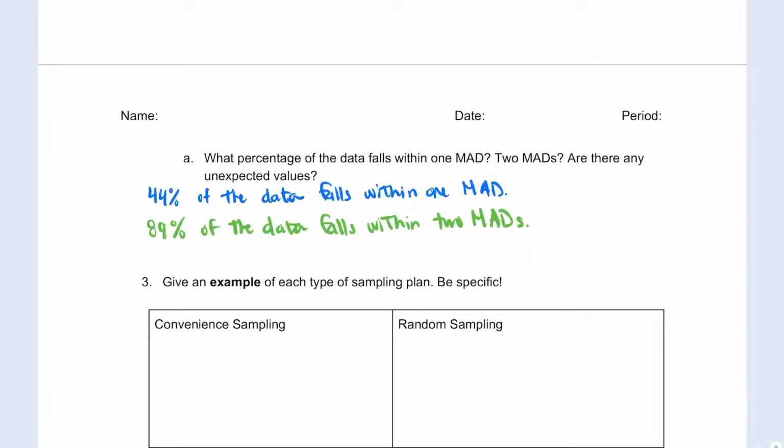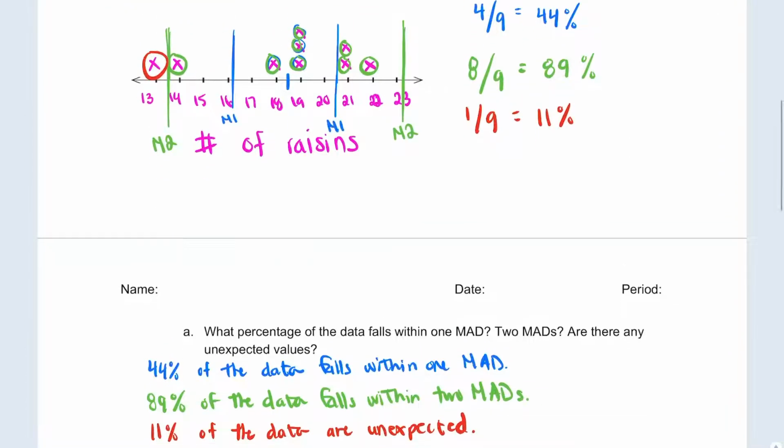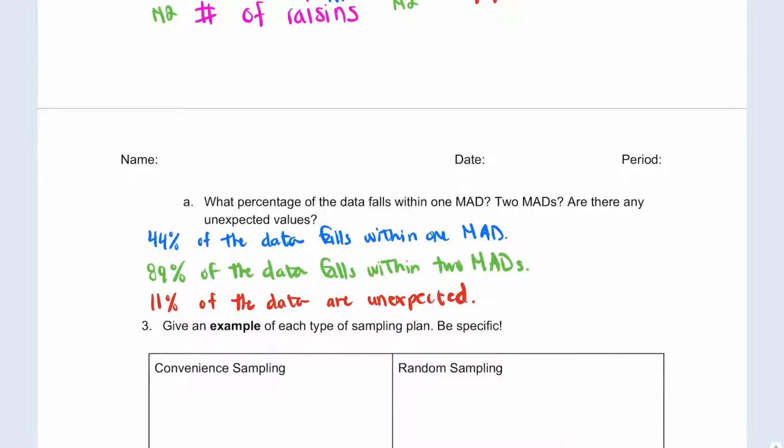So 11% of the data are unexpected. Anything that falls outside of that range of 2 MADs we say is an unexpected value or an outlier. Okay, so there we go.